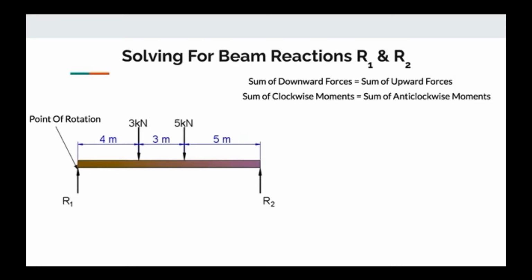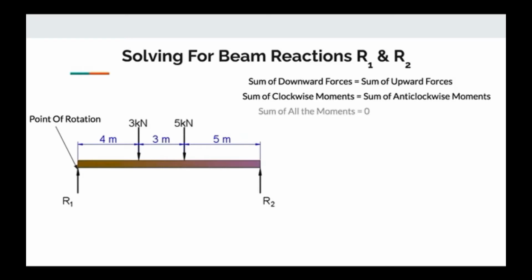The 3 kilonewton moment is clockwise based on the direction. The 5 kilonewtons will also give a clockwise moment, and the R2 force, the reaction force, will give an anti-clockwise moment. So the moments of the 3 kilonewton force and the 5 kilonewton force should be equal to the moment that you find at R2.